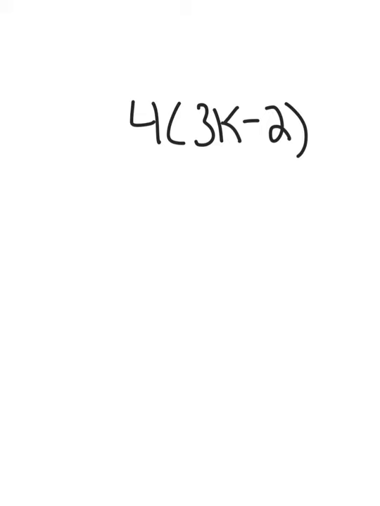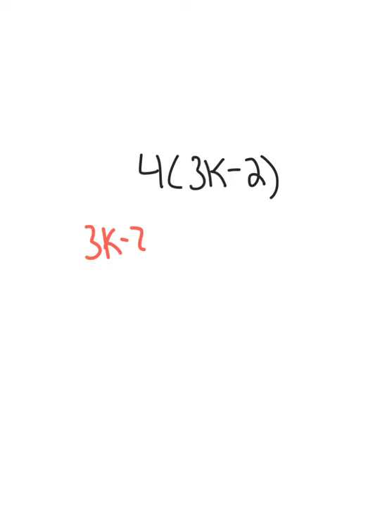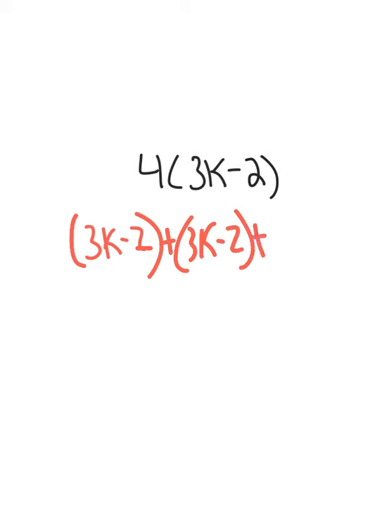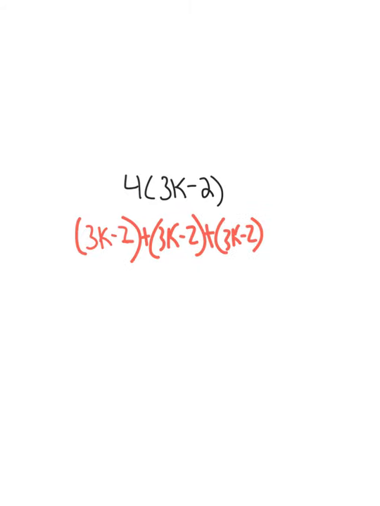If I have 4 groups of 3k minus 2, I have 3k minus 2, that's group 1, plus 3k minus 2 plus 3k minus 2 plus 3k minus 2.